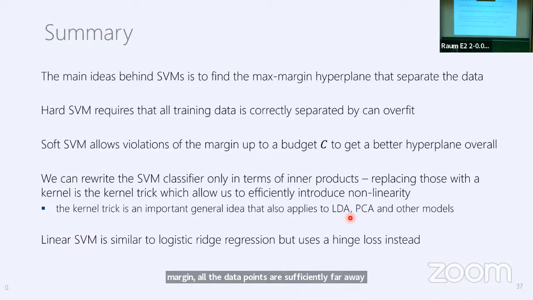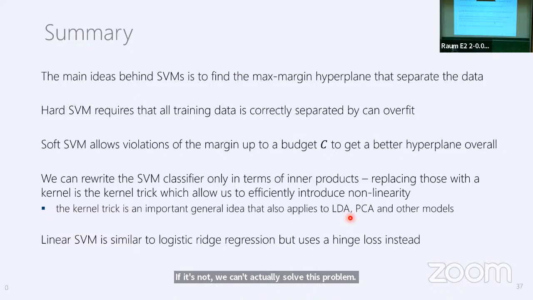Out of all potential hyperplanes, we want to find the hyperplane that has the maximum margin. We started with the hard SVM, where we enforced that all data points must be correctly classified, all of them above or below the margin. This works, but only if the data set is linearly separable. If it's not, we can't actually solve this problem. Also, we might not want to solve this problem in order to not overfit.